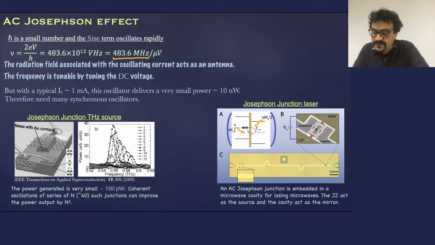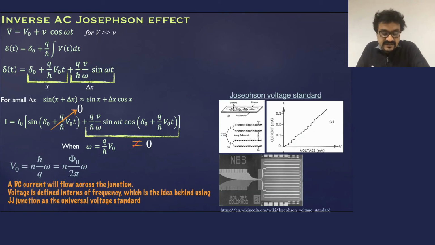And now let us move on to another effect which is related to this AC Josephson effect, that is the inverse AC Josephson effect. Okay, so in this case what we have is a Josephson junction under the action of a DC plus AC voltage.